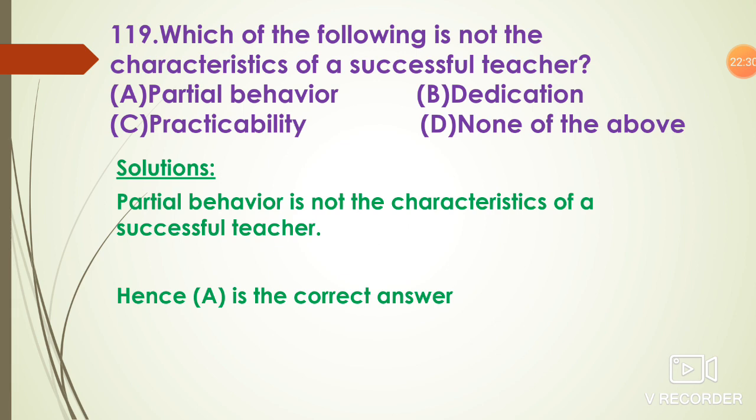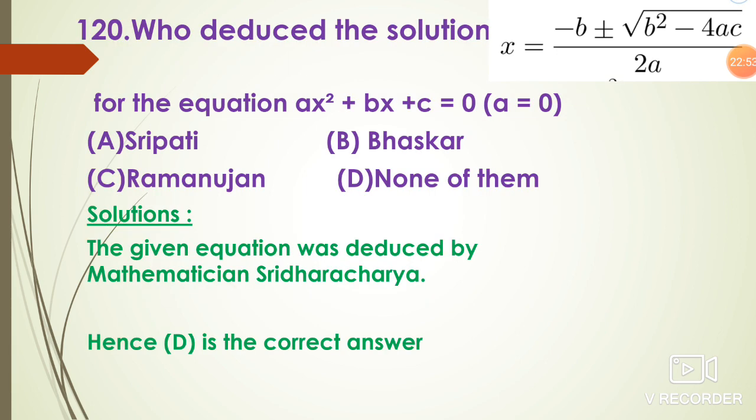Question number 119. Which of the following is not a characteristic of a successful teacher? Partial behavior, dedication, practicability, none of the above. We know that partial behavior is not a characteristic of a successful teacher. Hence A is the correct answer. Question number 120, that means the last question.